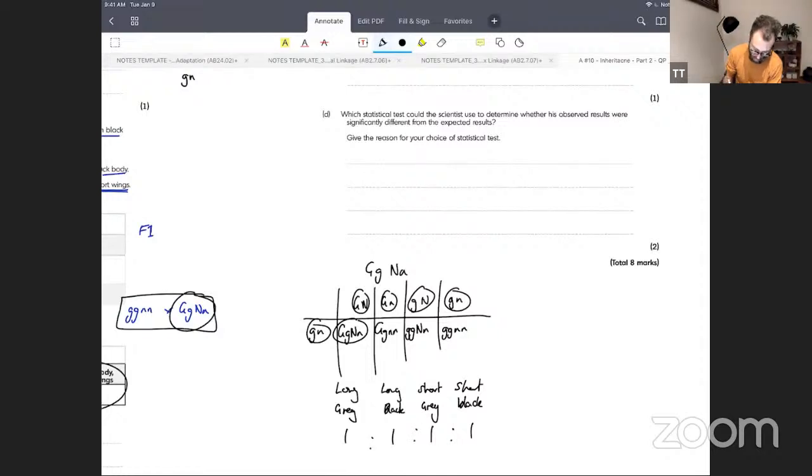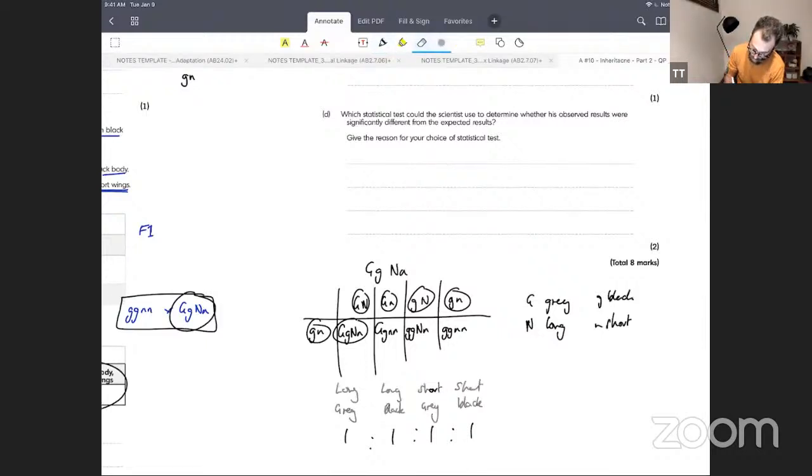I think actually I've got my genotypes and phenotypes the wrong way around, because what were my genes? This was gray and this was black. So I have done them wrong. And then this was, I think, long and this was short. So let me just rewrite them.